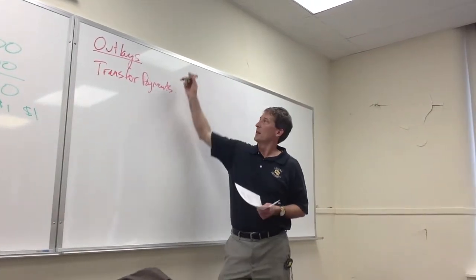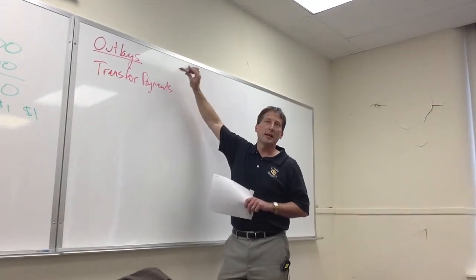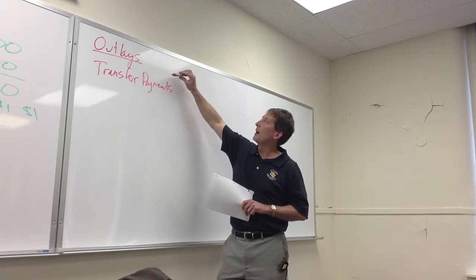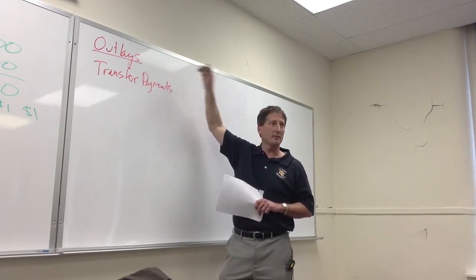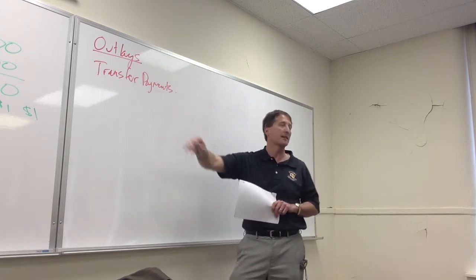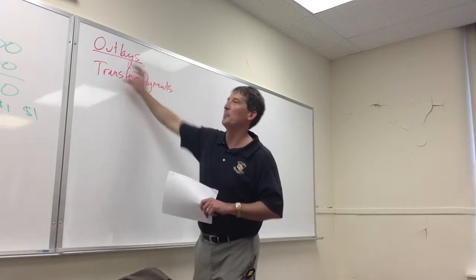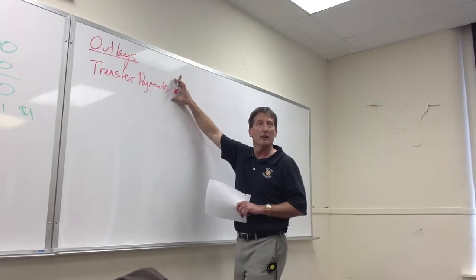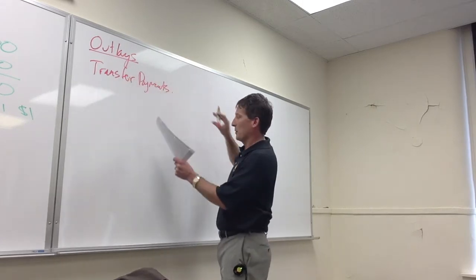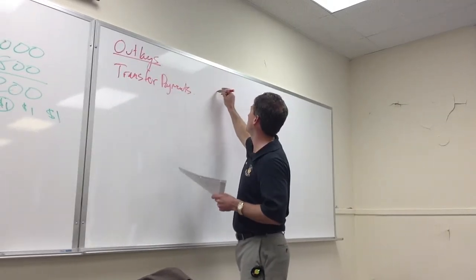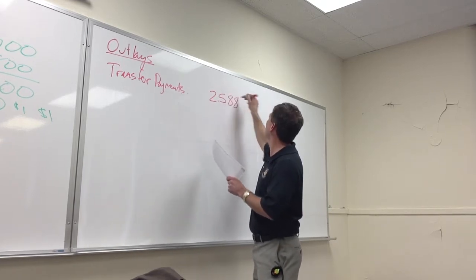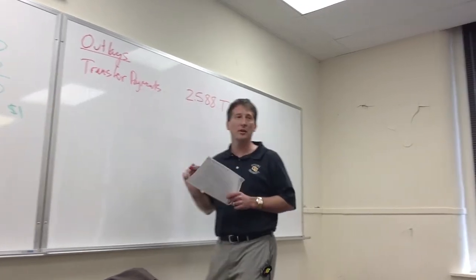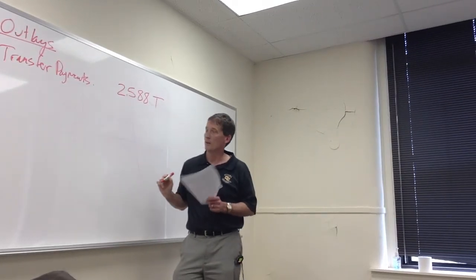Transfer payments, Social Security, unemployment, welfare programs, anything where you're transferring money from one person to the next based on need, that's all lumped together. Medicare, all of those payments are transfer payments totaling $2.588 trillion.